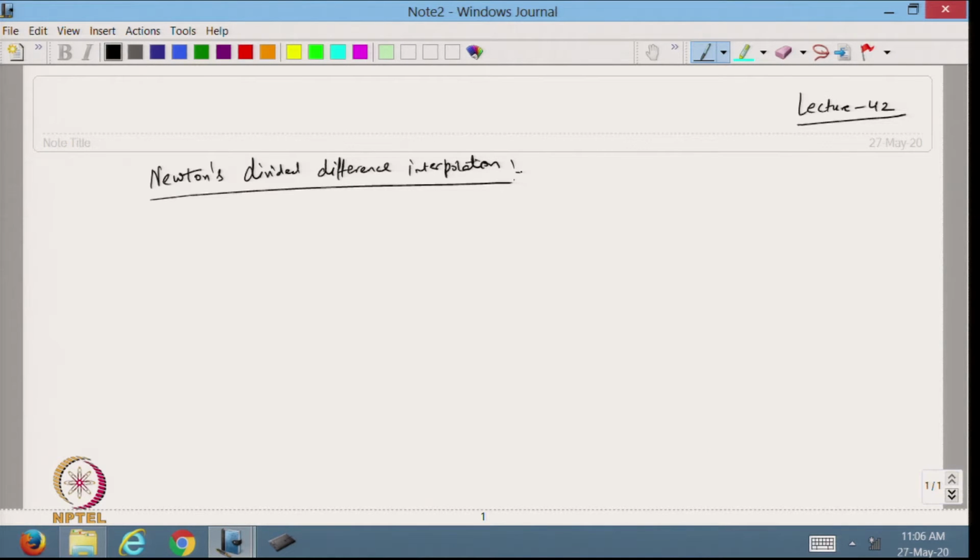So in this case, again I have the points. So I have some points, that is x0, y0, x1, y1, x2, y2, x3, y3 and so on. So in the end I suppose I get xn, yn. So these points are given to me.